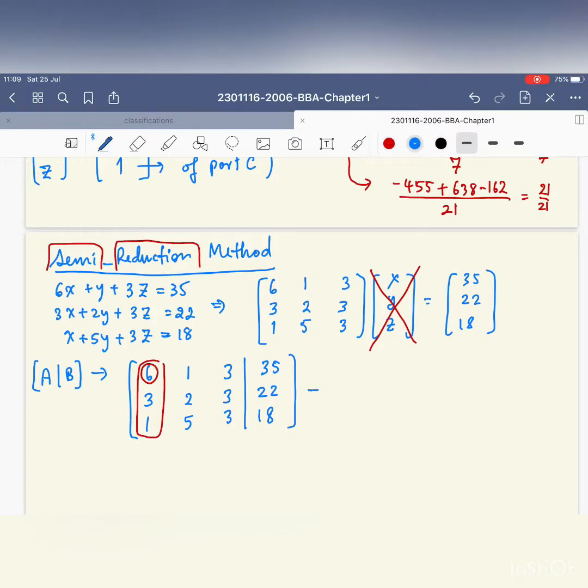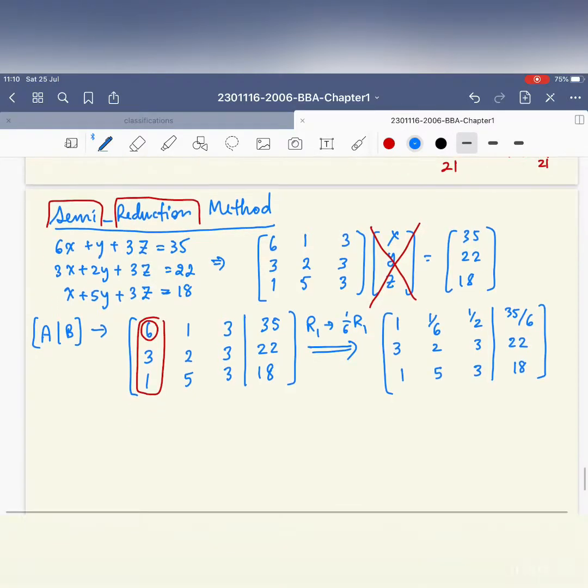So we still do R1 becomes 1/6 R1. This is the same process as we did before. So this is 3/6, so 1/2, and 35/6, right? Then 3, 2, 3, 22, 1, 5, 3, 18 just copy.